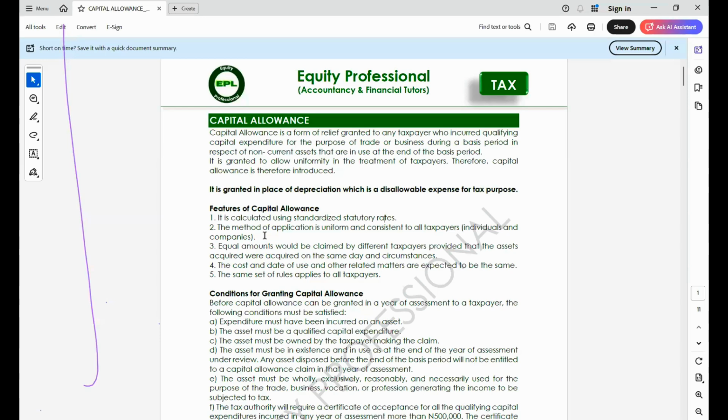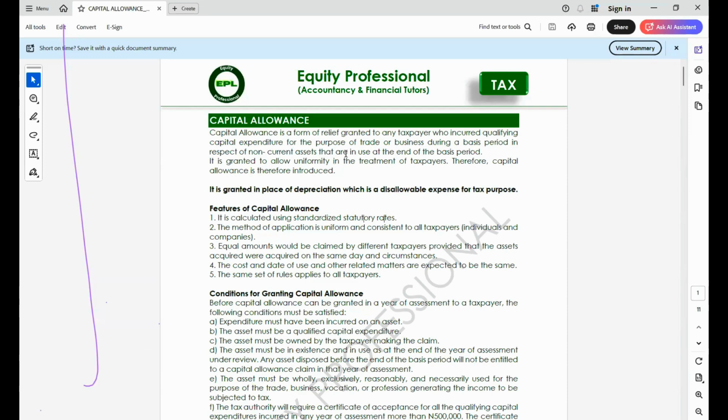So what are now the conditions for granting this capital allowance? What will make a taxpayer liable to claim capital allowance? They call it the condition for granting capital allowance. Please, I will advise us not to focus our attention only on the theory and the calculation part.